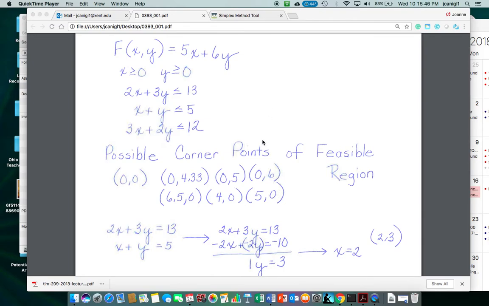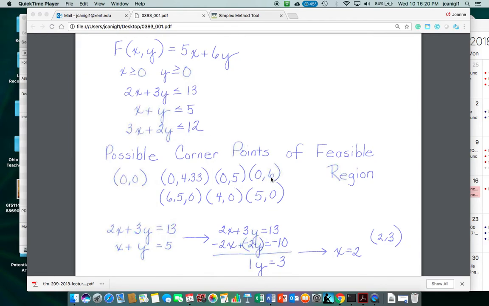If you will recall, in order for it to be a corner point of the feasible region, it must satisfy every one of the inequalities. Let's just take a look at 0, 5. If I substitute 0 for the x and 5 for the y in the first equation, I get 15 is less than or equal to 13, and that's incorrect.